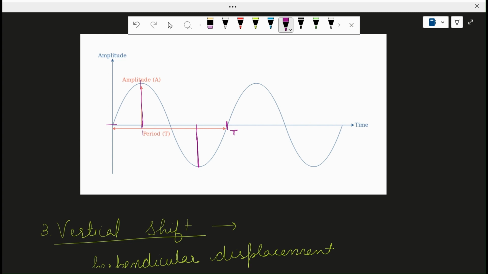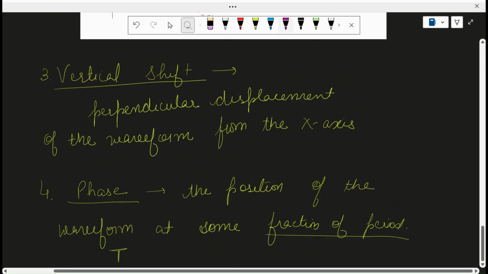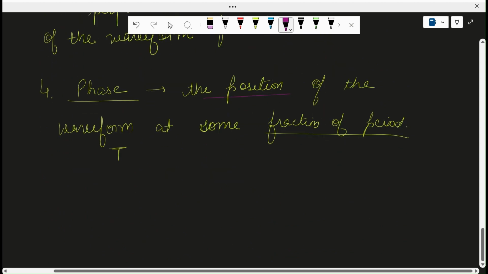When we divide this wave into four equal parts, this will be T by 4, this will be T by 2, this will be 3T by 4, and this is T. So this T gets divided into four parts. Now it is saying the position of the waveform.